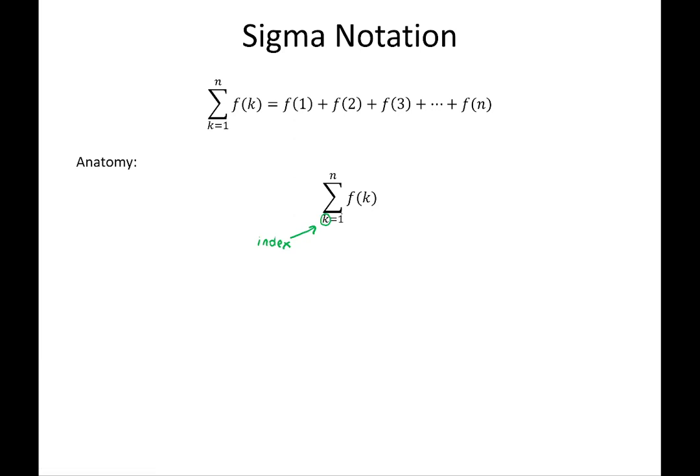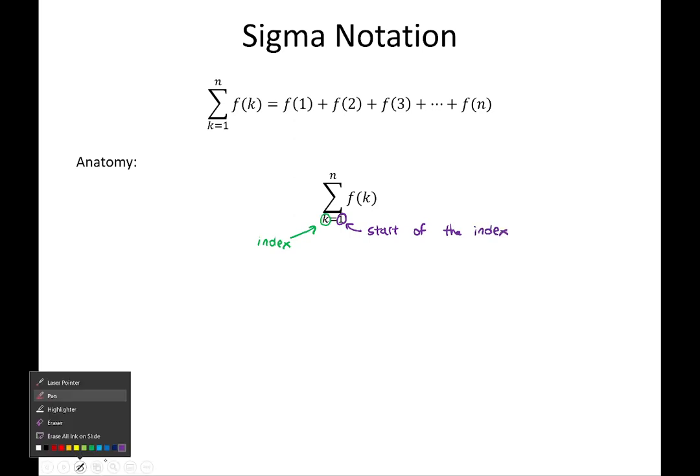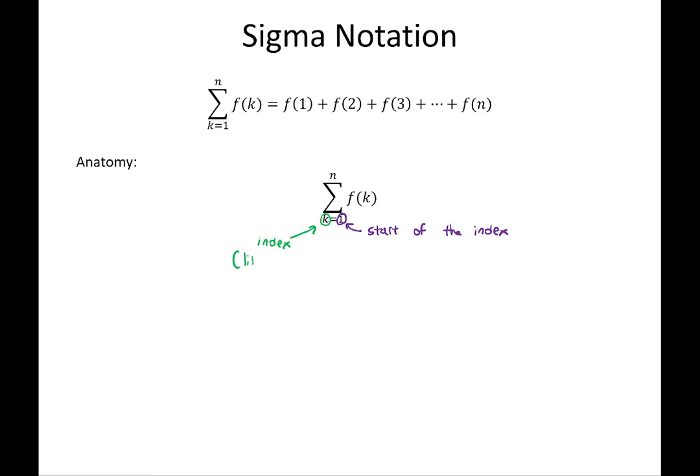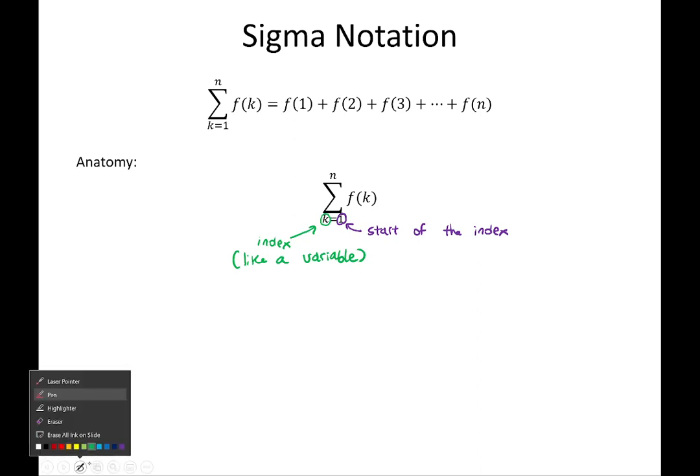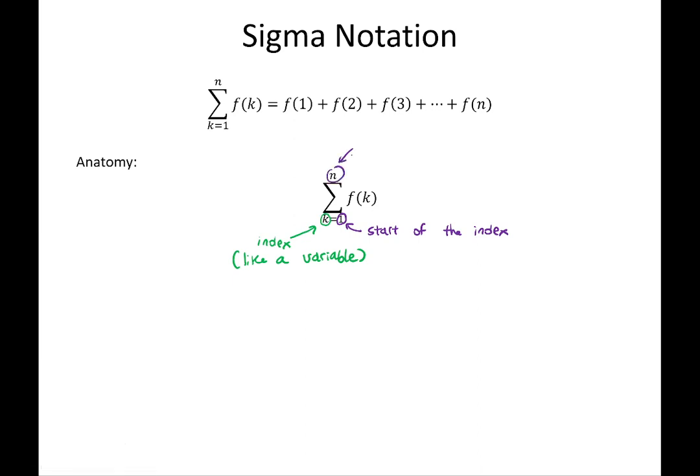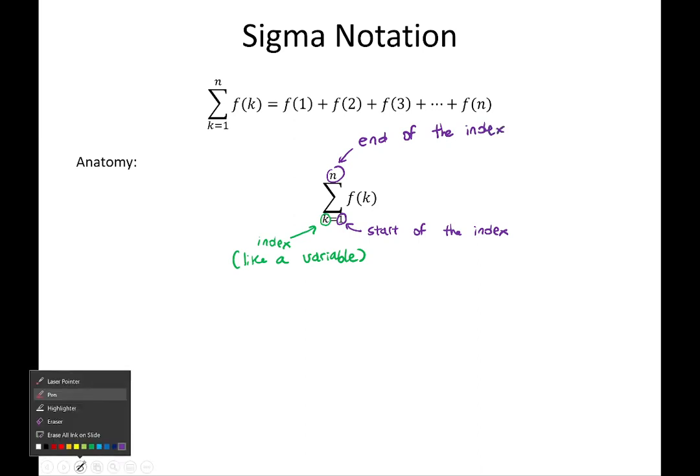And the equals 1 part, the 1 in this case, is the start of the index. I'm just going to add a little note here that k is like a variable, like x. Okay, and then the n is the end of the index, and f of k is just a function.